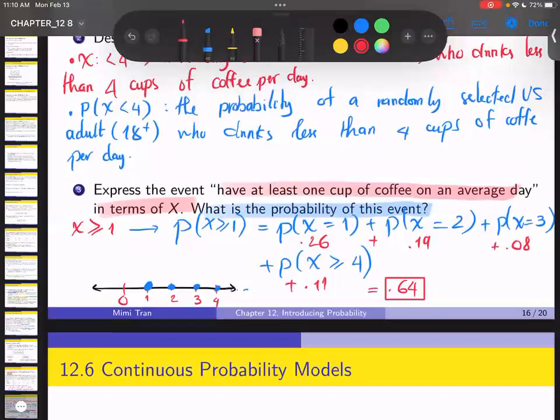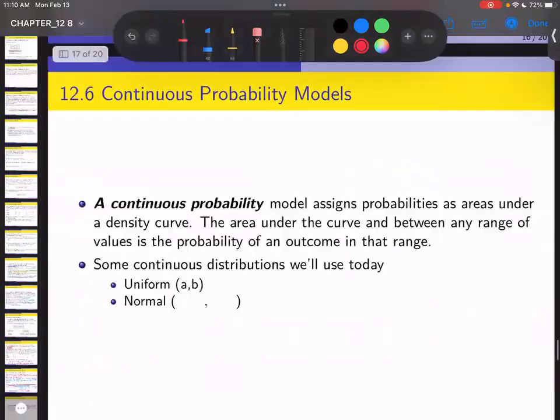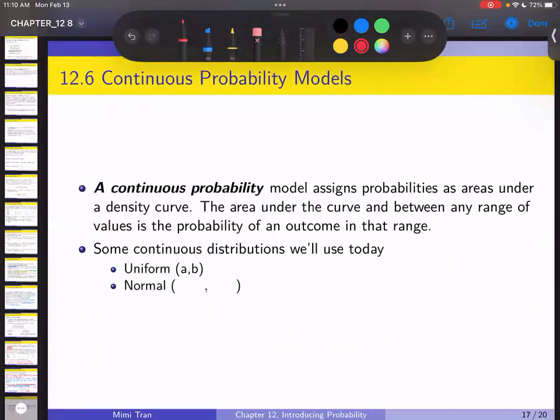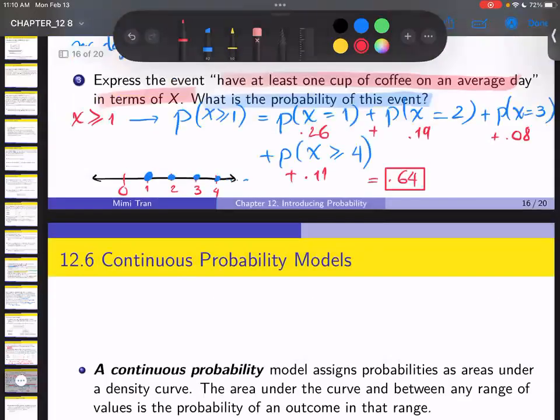Next, we're going to move on to continuous probability models. Remember, the continuous random variables included in this class are uniform, the box one, and normal, the bell one. The difference between discrete and continuous probability is that for discrete probability, I'm going to draw my probability as sticks like that.